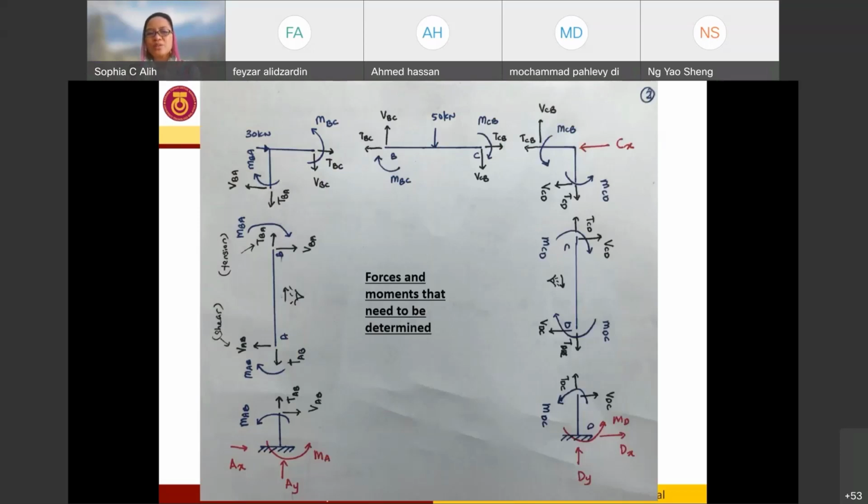Just imagine you have already your support reactions 1, 2, 3, 6 and 7, and you have the end moment over here, and from the end moment you have all the shear and the tensile. When you look at all of it together at once, you will feel that you have a lot of things to determine.